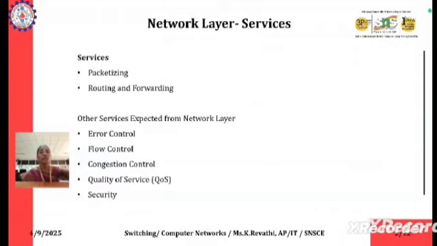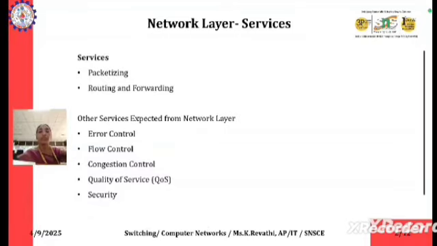The services provided by the network layer are packetizing, routing and forwarding. Other services which come under the network layer are error control, flow control, congestion control, quality of service and security. Error control is nothing but controlling the errors in the data packets during data transfer in the network, detecting and correcting them.